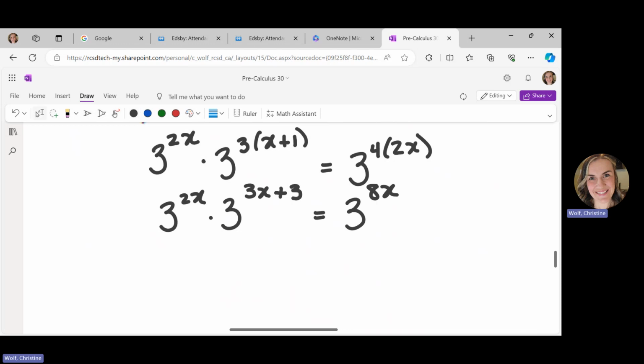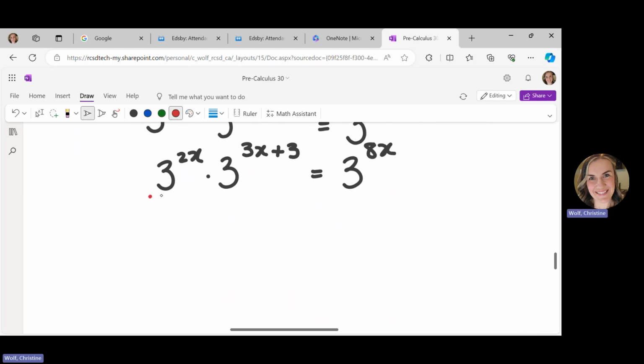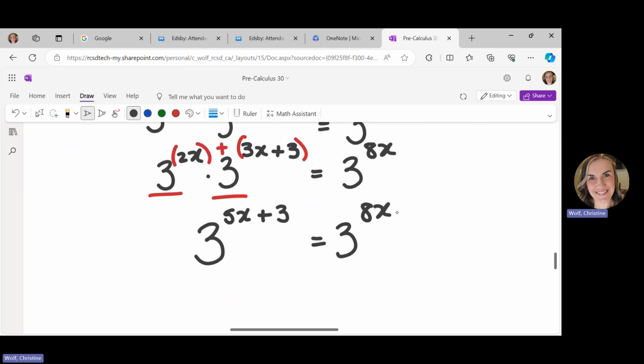So when you have the same base, right, bases are identical, you are allowed to just add one exponent to the other and rewrite it as one giant power. So my base is still 3, but I now have 2x plus 3x, which is 5x plus 3 as my new exponent. And now my left and my right are totally simplified down into single powers with the same base.